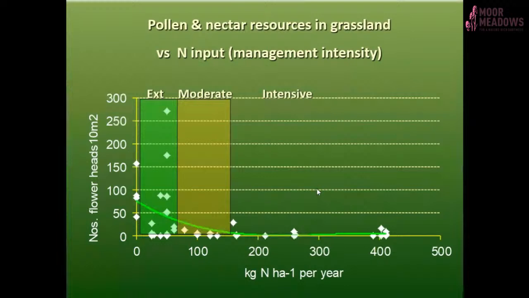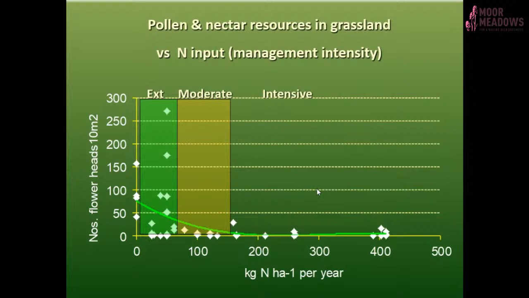Okay, now this slide actually mirrors what I showed you for nitrogen inputs. On the left-hand axis is the number of flower heads in a 10-meter square area, and that is basically the amount of pollen and nectar available to the butterflies, bees, bumblebees, and hoverflies. Along the bottom is the amount of fertilizer nitrogen that has been applied to the meadows.